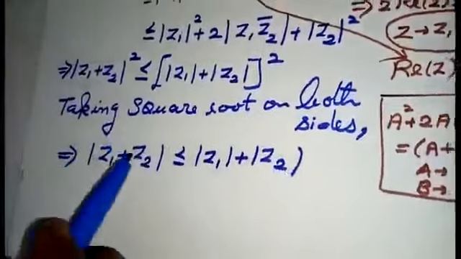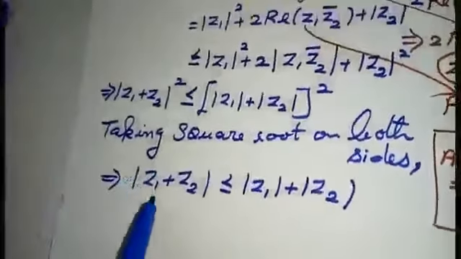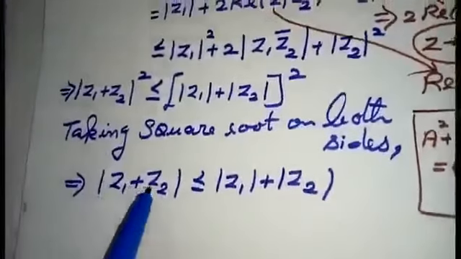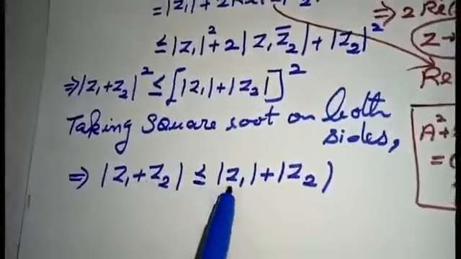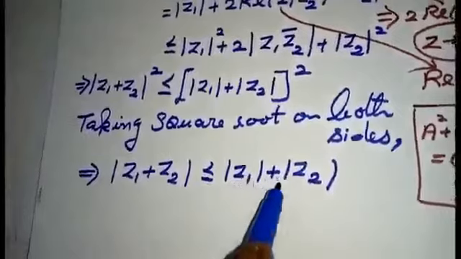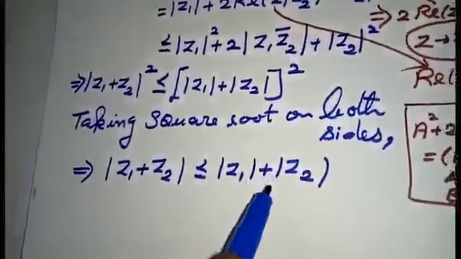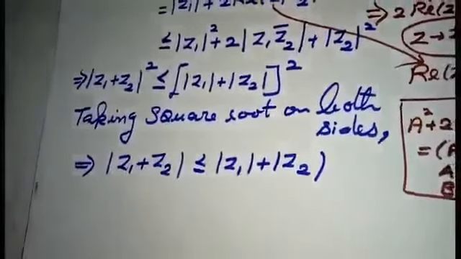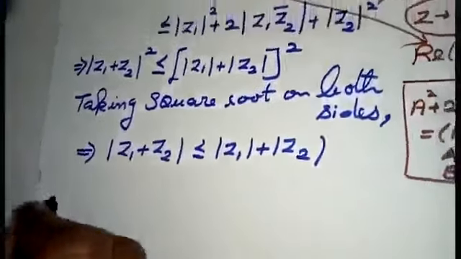Just observe the property, this is the required triangle inequality property, that is modulus of z1 plus z2 is less than or equal to modulus of z1 plus modulus of z2, students. In general, we have proved only for 2 complex numbers. Hence, we can prove for n complex numbers.